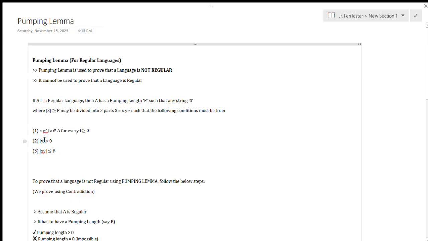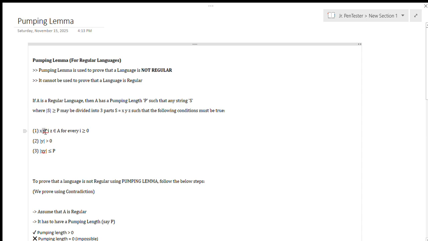Now, what are these three conditions? The first one is that we have our string XYZ divided into three parts. For the Y part, we put powers of i on Y, and as we increase the power from 0 to any value, the resulting string must also be part of our language A. Our second condition is that the length of Y must be greater than 0.